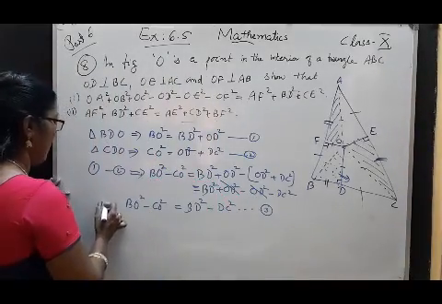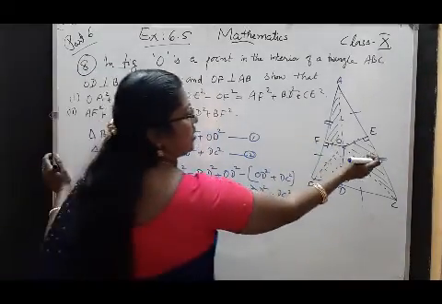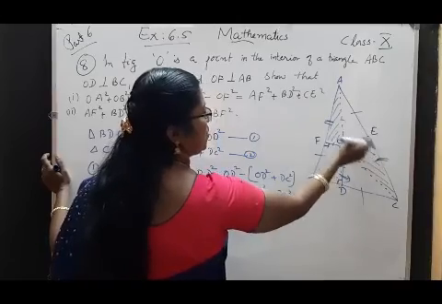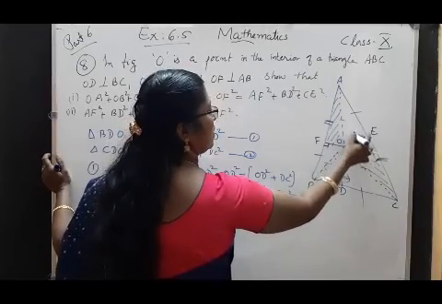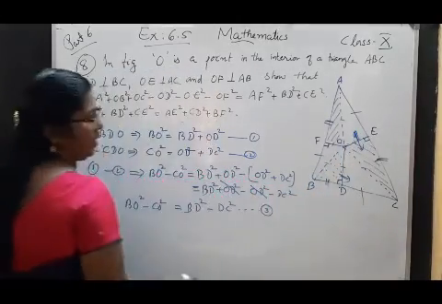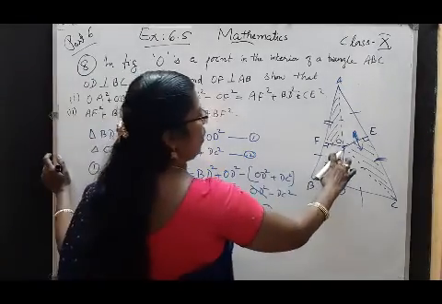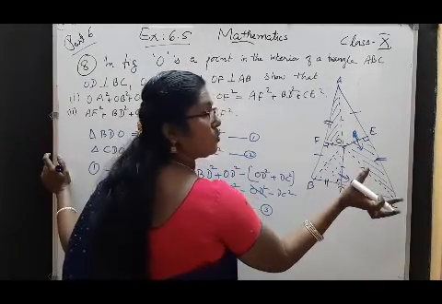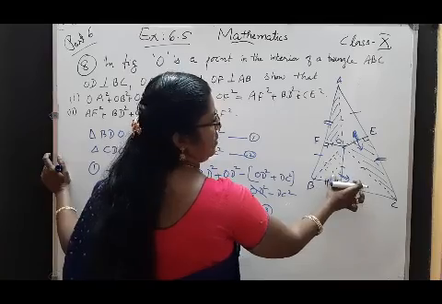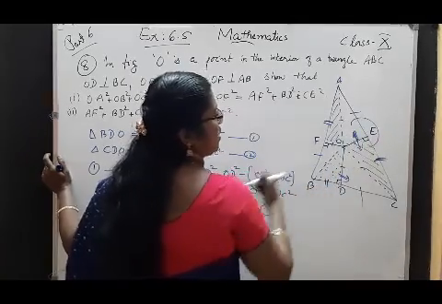Similarly, we can consider these two triangles. Here CO and AO are the hypotenuse of these two triangles. So take the hypotenuse of these two triangles.